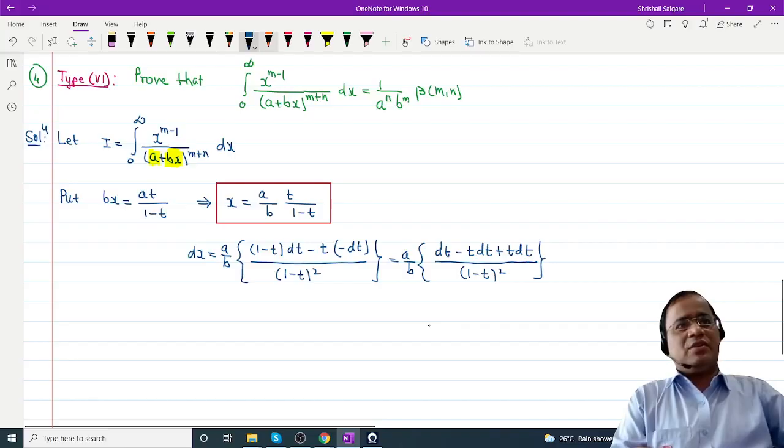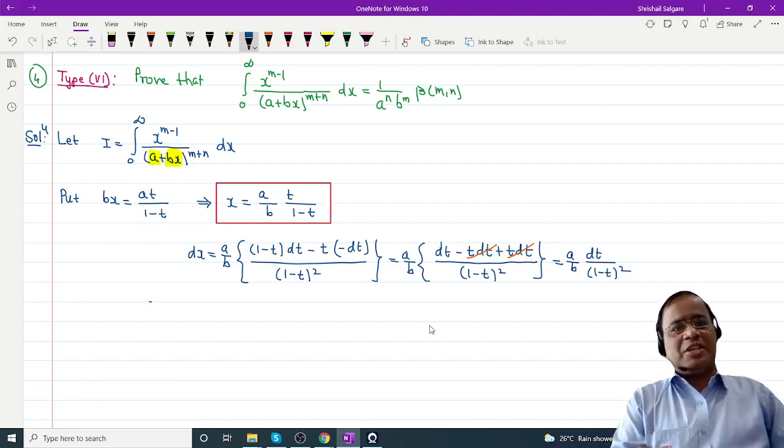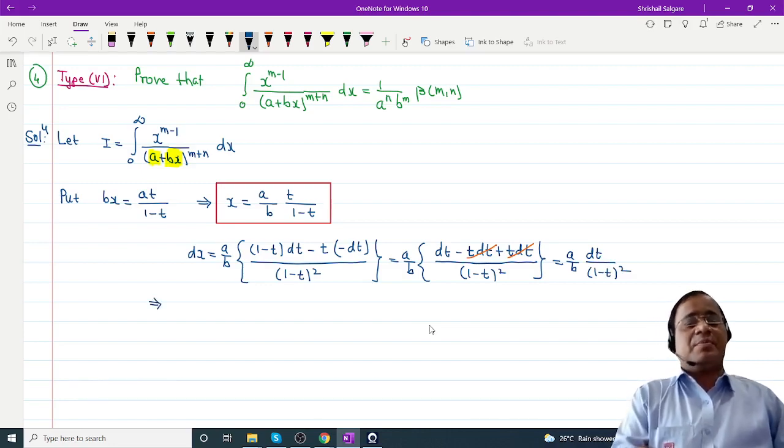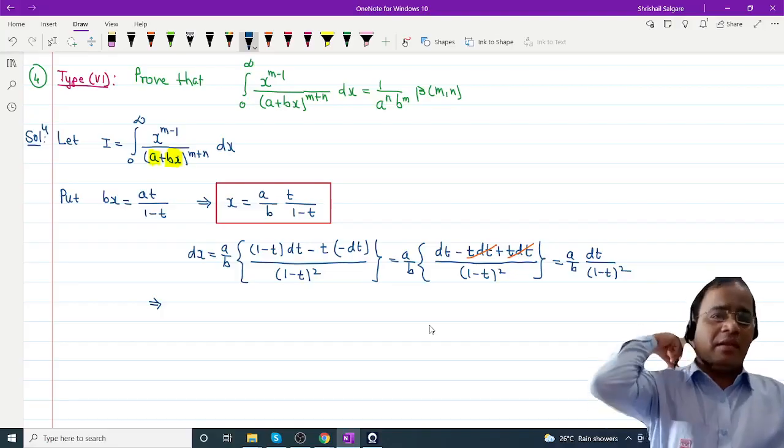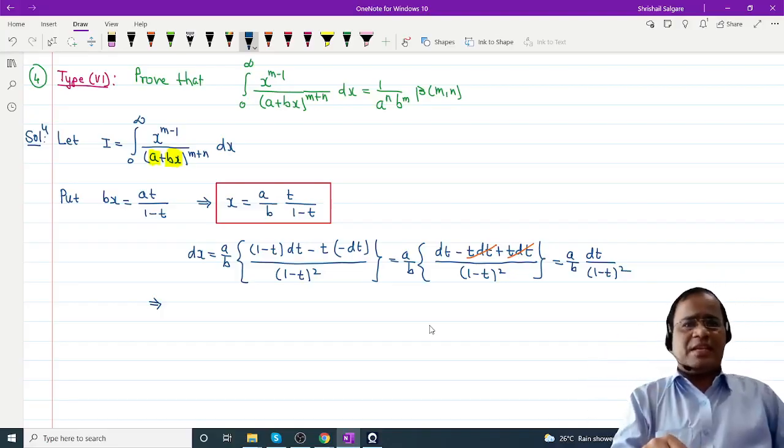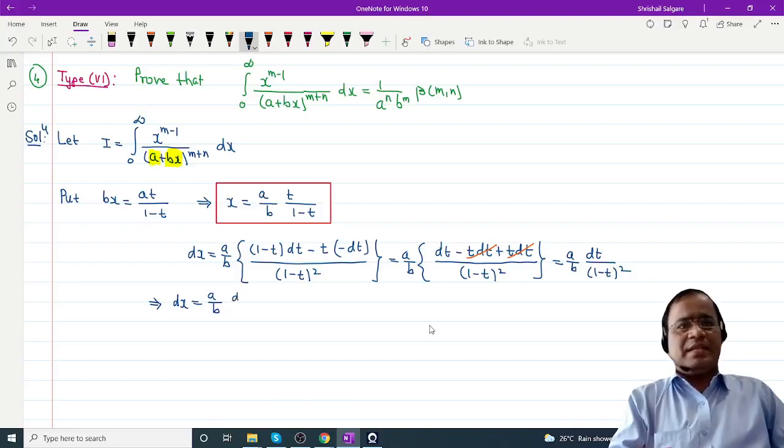So here you can notice that minus t dt plus t dt get cancelled, and the remaining is a divided by b dt divided by 1 minus t bracket square. Remember, in the examination, next example onwards, I am going to write directly the value of dx, and while solving examples, directly you can write dx is given by a divided by b dt divided by 1 minus t bracket square.